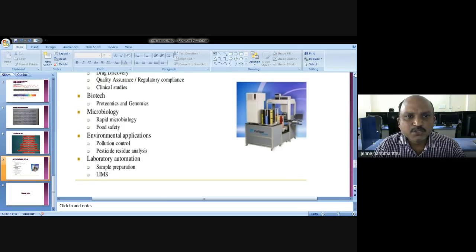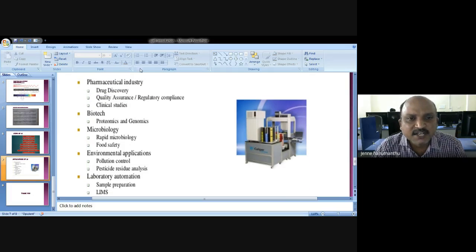How is it used in the pharmacy sites? In pharmacy: drug discovery, drug chemicals, drug means medicines, quality assurance, regulatory compliances, clinical studies. These come under the pharmacy industry. Next, biotechnology sites: proteomics and genomics. For knowing all these concepts under biotechnology, you can use this analytical process.